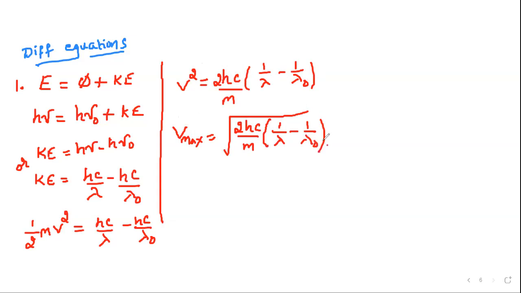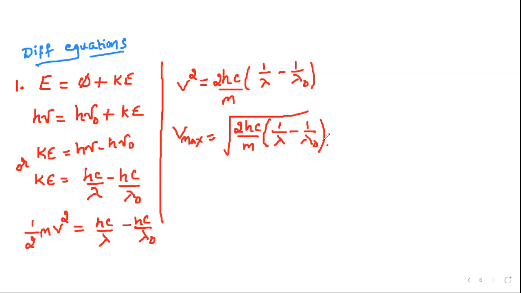So this is the maximum velocity of the photoelectron, which is going to come out from the metal. This is the maximum velocity.